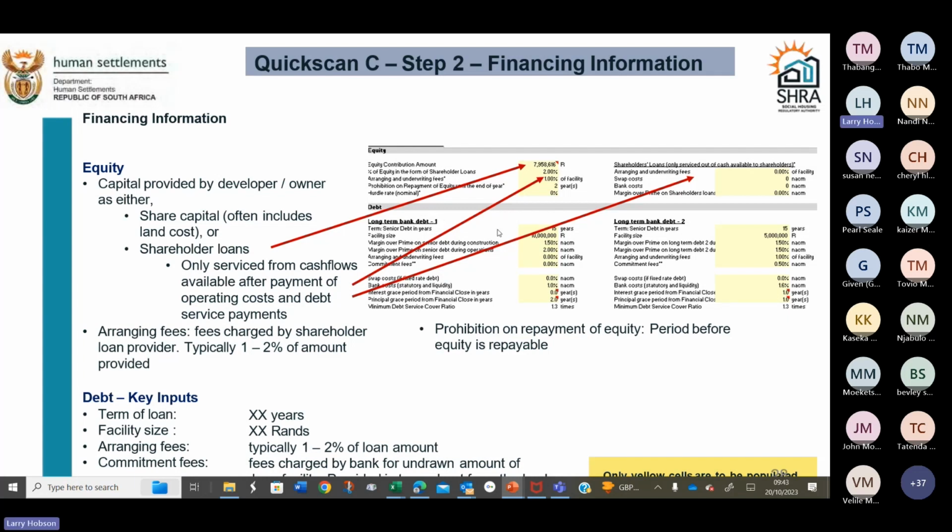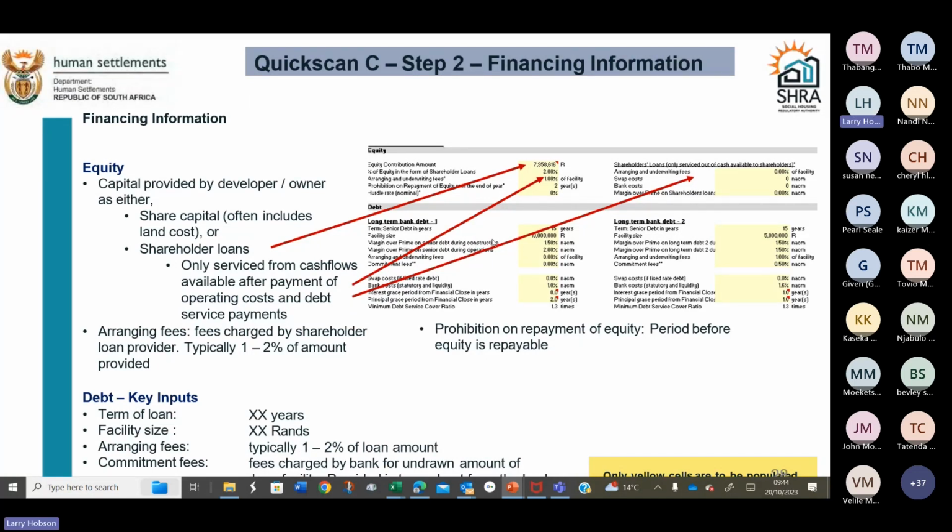If we go down to the bottom section to the debt, long-term bank debt, in this case they've got a 15-year loan, not a 20-year loan. In the example that was used for these, you put your facility size in, you put your margin over prime percent, in this case 1.5. That's during construction.